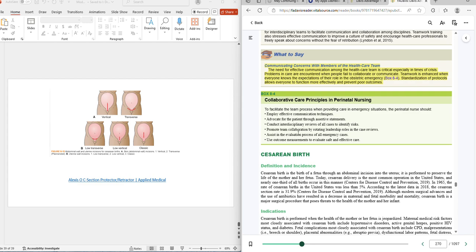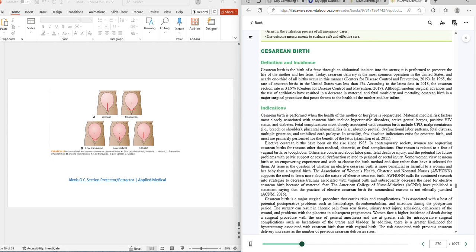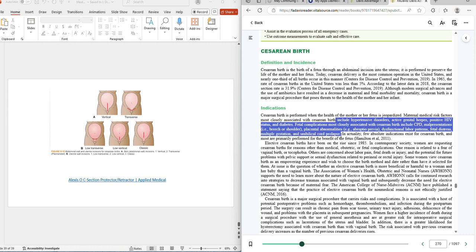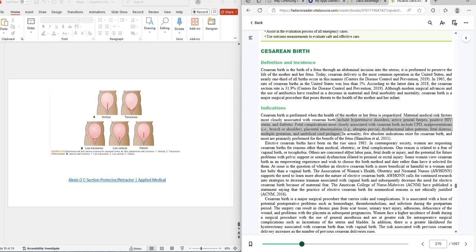Okay? All right, cesarean births. Let's talk about this. So maternal risk factors associated with this, there's a lot of those. Okay? So here's a few right here. CPD, cephalopelvic disproportion, of course the prolapse, hypertensive disorders, HIV, active genital herpes, several reasons.